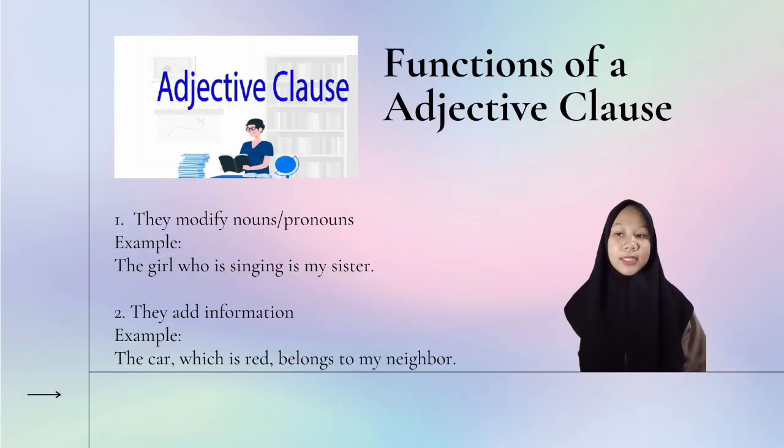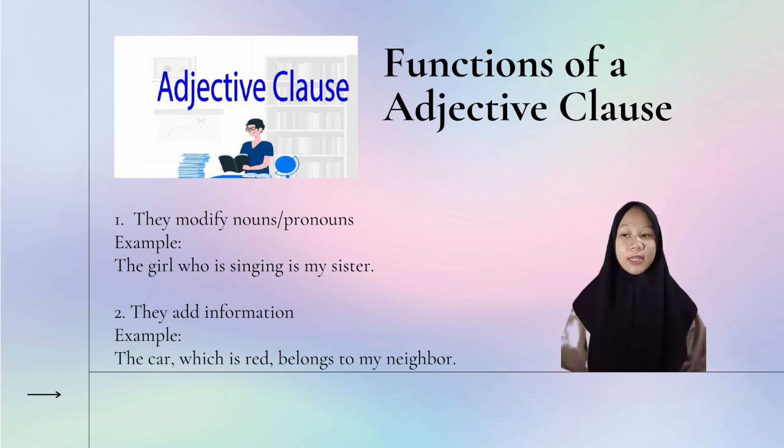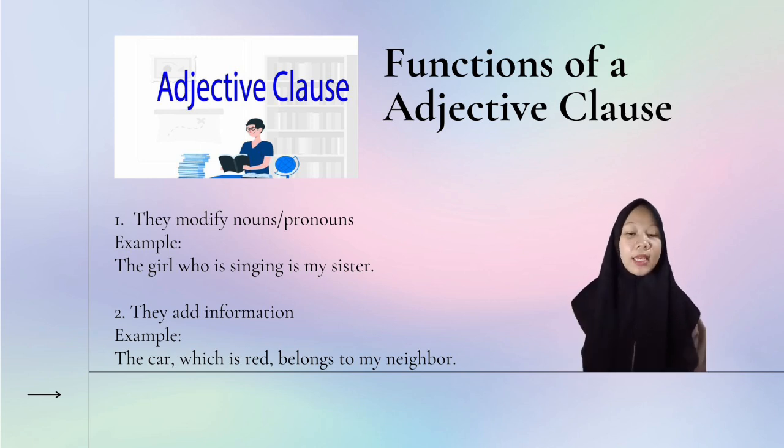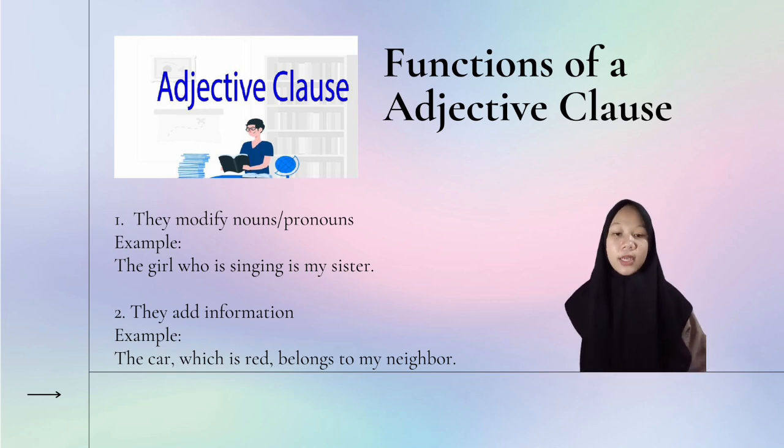So, the function of adjective clauses. The first is they modify nouns or pronouns. Adjective clauses describe or clarify which noun or pronoun is being referred to, much like an adjective word. The example: "The girl who is singing is my sister." The adjective clause "who is singing" modifies the noun girl.